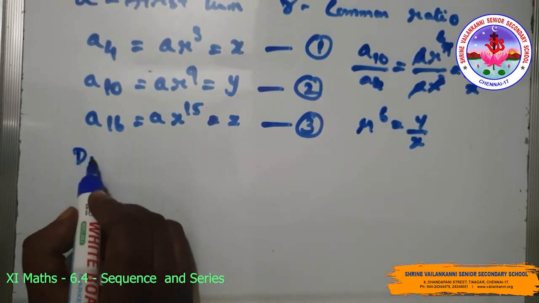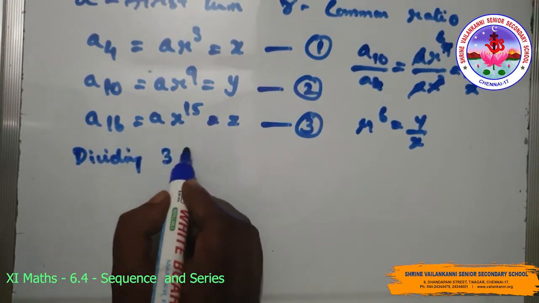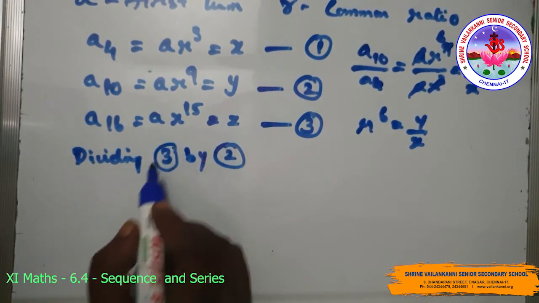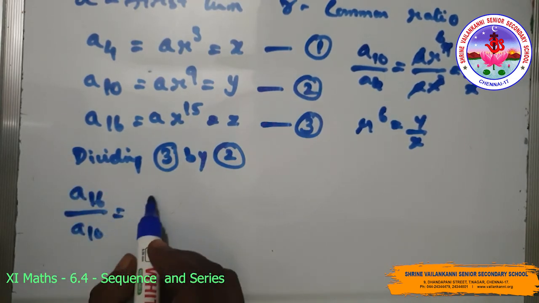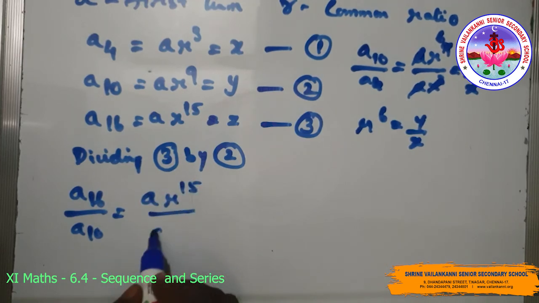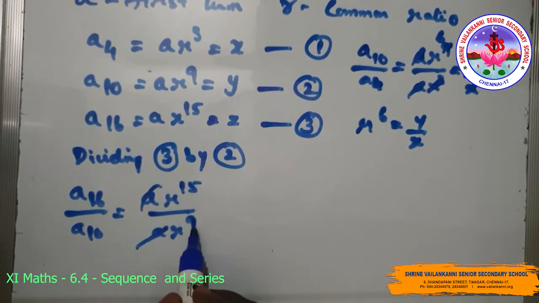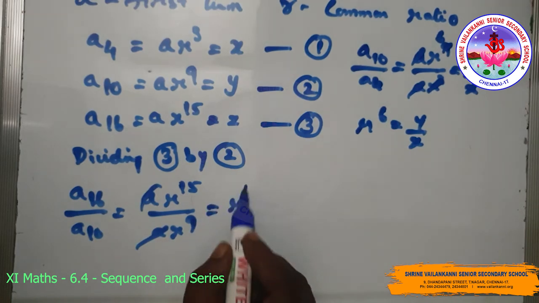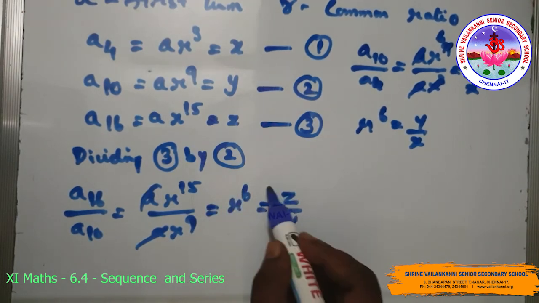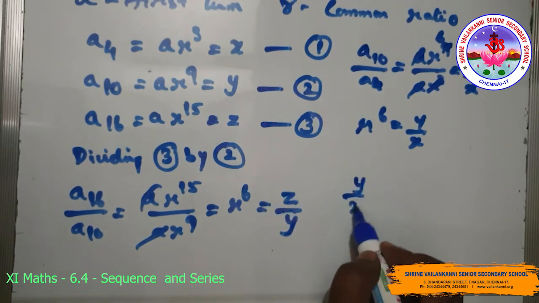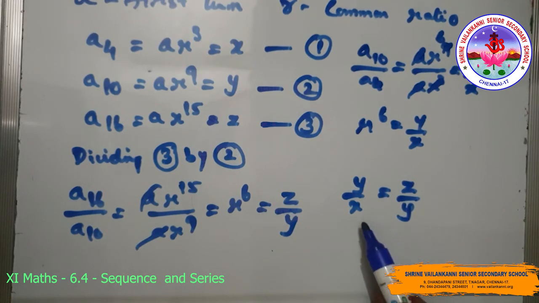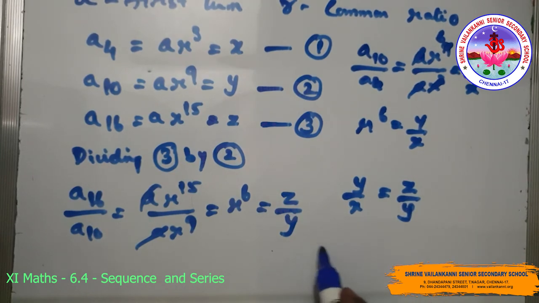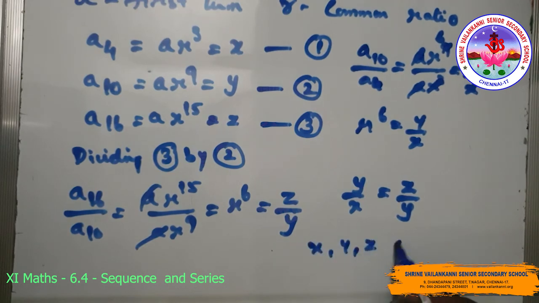And dividing equation 3 by 2, that is A16 by A10, A r power 15 by A r power 9, cancelling this, 15 minus 9 which is 6, so r power 6 which is equal to z by y. So equating these two, y by x is equal to z by y. Therefore we can say that x, y, z are in GP.